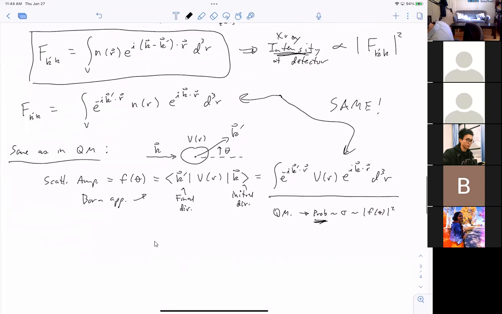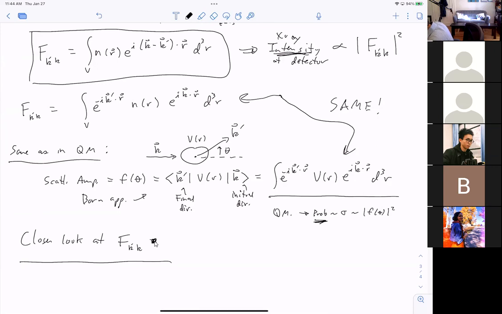But now let's take a closer look at this scattering amplitude for the X-rays, the amplitude for the X-rays to scatter into the detector. And let's notice something.